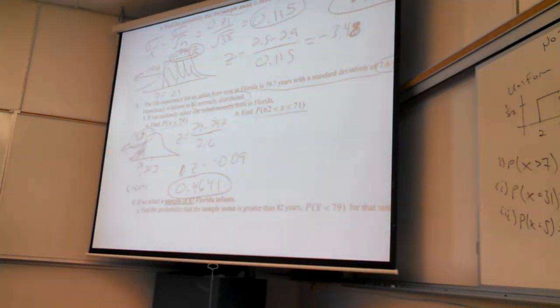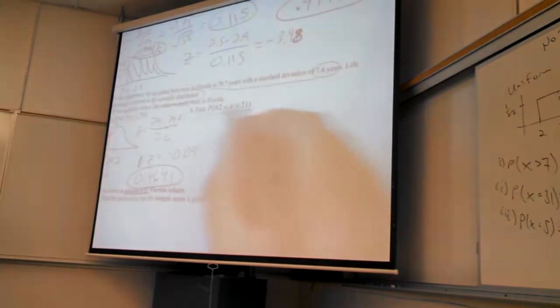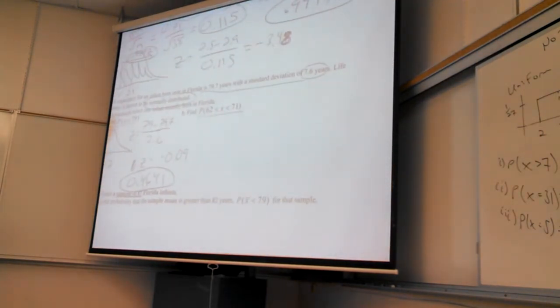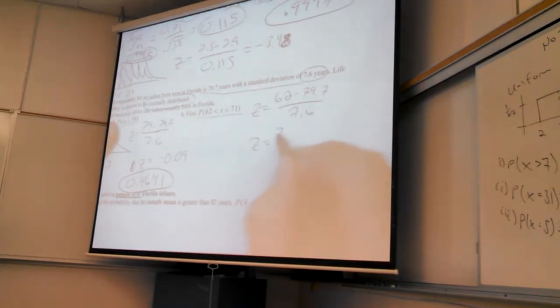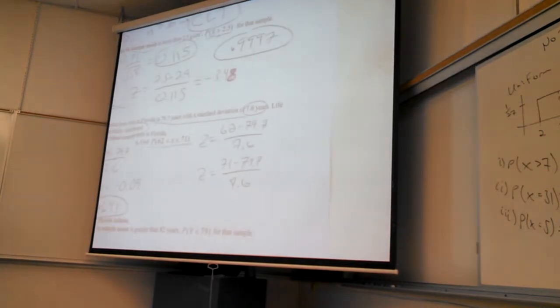So part B, the only difference in part B is you have to find both z-scores, find their areas, and then subtract them, right? So I just got two z-scores to create. So 62 minus 79.7 over 7.6. 71 minus, and then whatever they are.